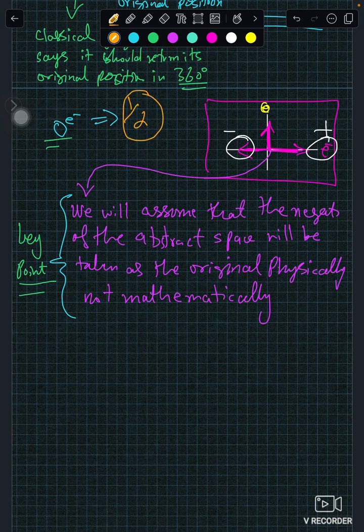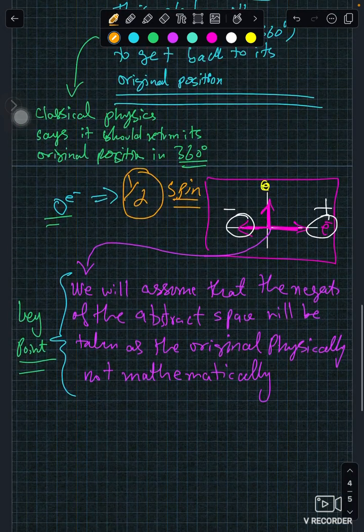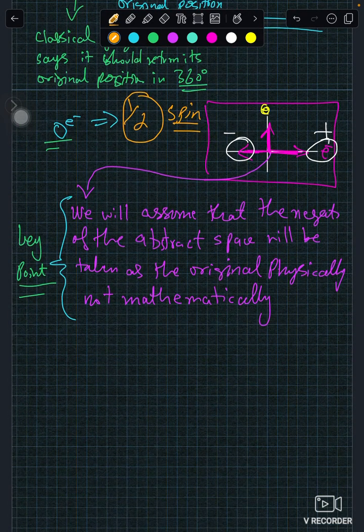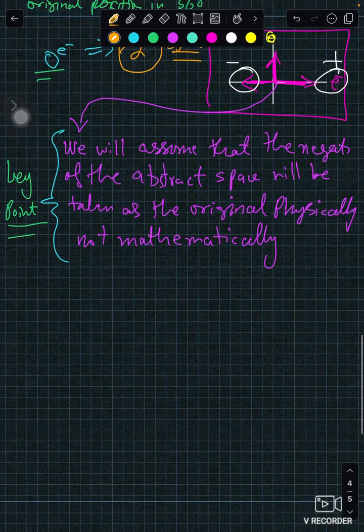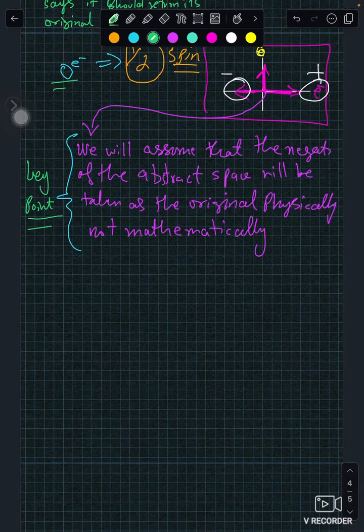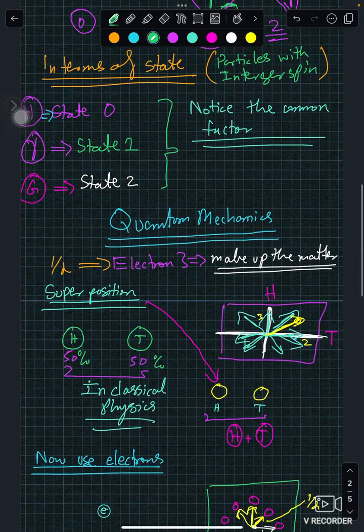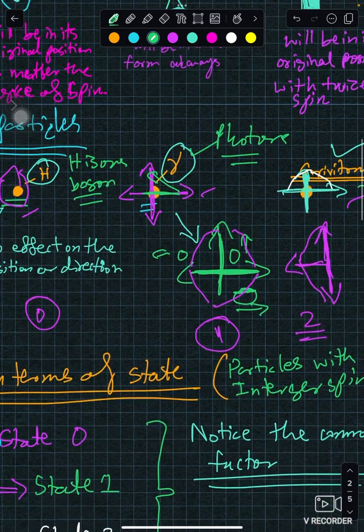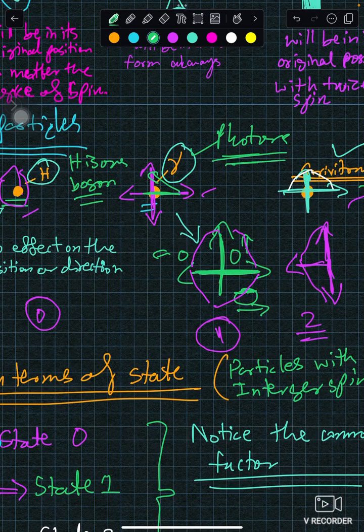Half spin. But it's very tough when we assume it in three dimensions or in different dimensions. Let me tell you how photons here are two-dimensional because of polarization.